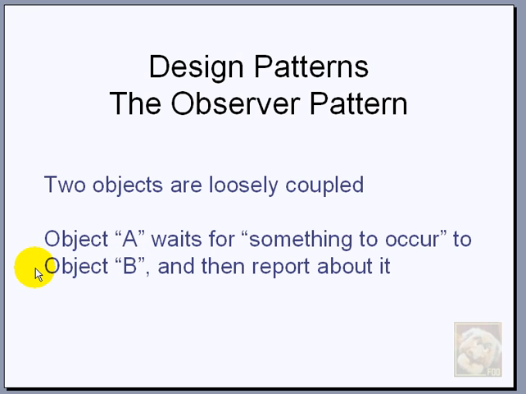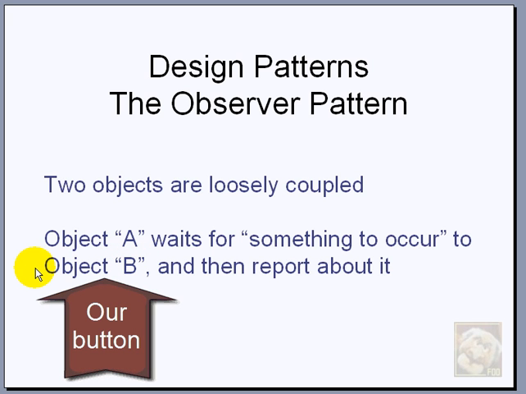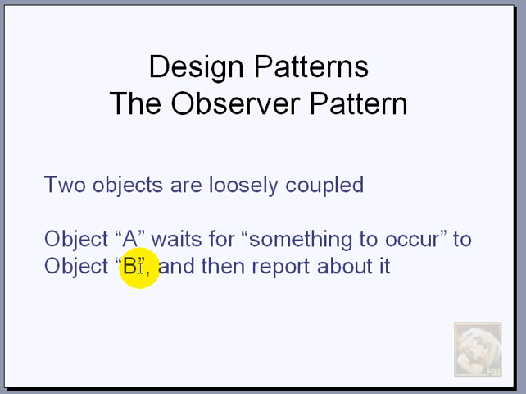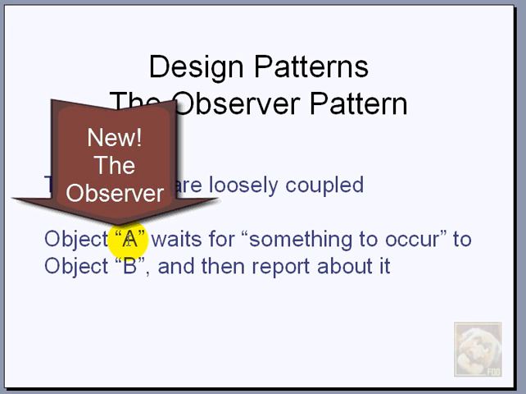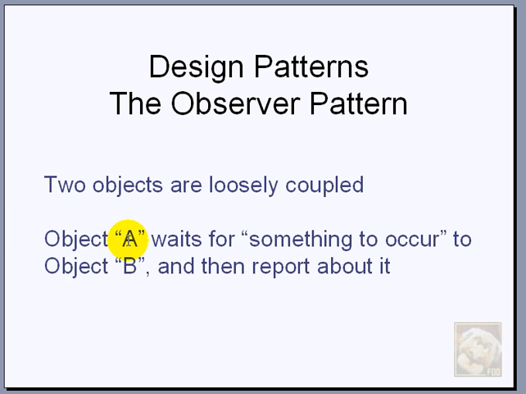Let's say object B is our button, and the object is up and running, and eventually you or I will come and click on that object, a button. In the meanwhile, another object, which is a new object for us, object A, is waiting, is observing the button, and it will do nothing until you and I come across B and click on it.